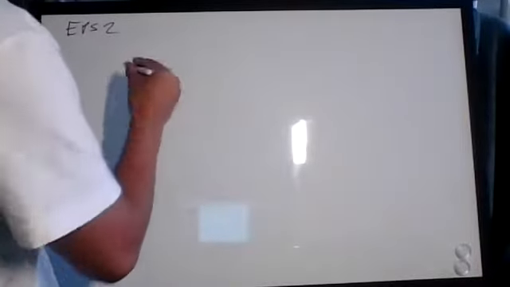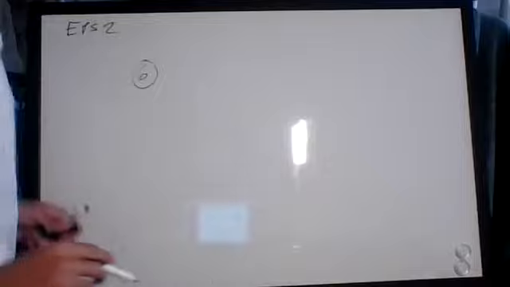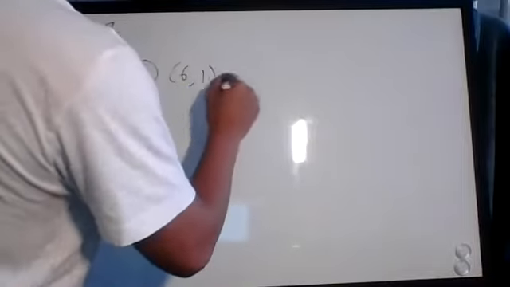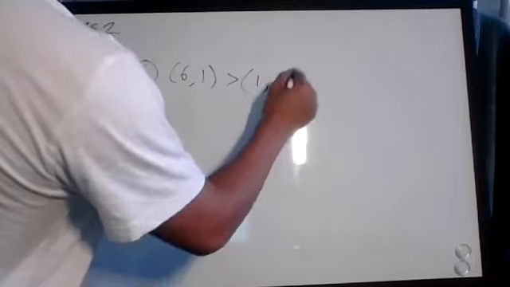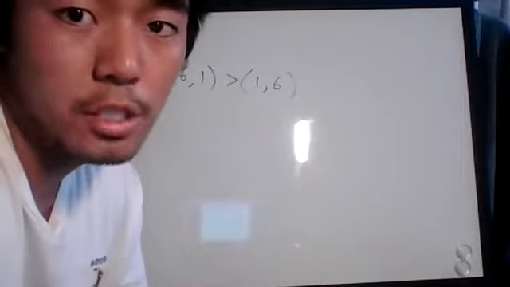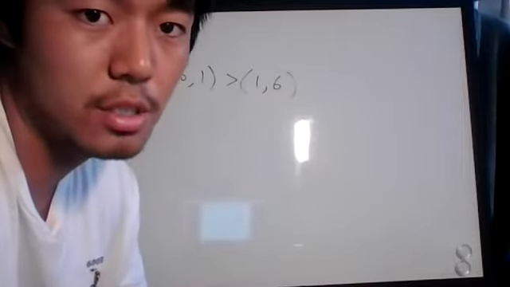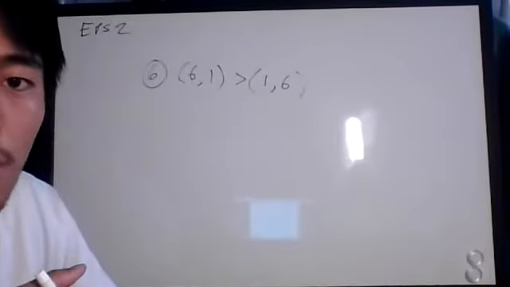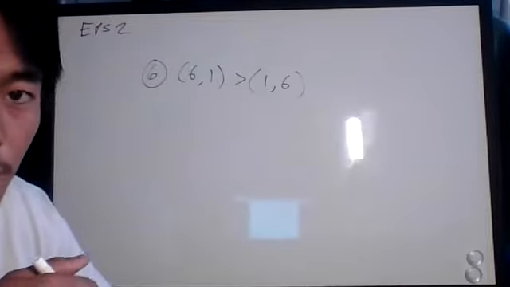So moving on from there, let's go to problem 6, where we're given that the bundle 6-1 is preferred to 1-6. And they're asking which perfect complements utility function is consistent with this preference. So immediately we can eliminate all of the answer choices that don't have a min function.